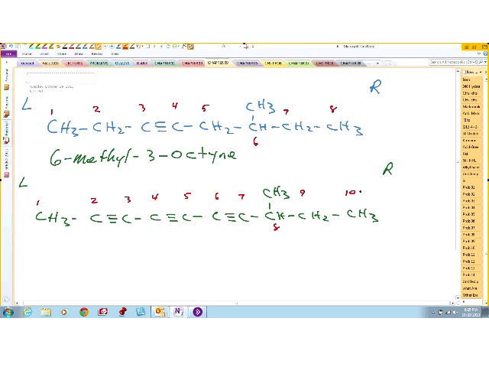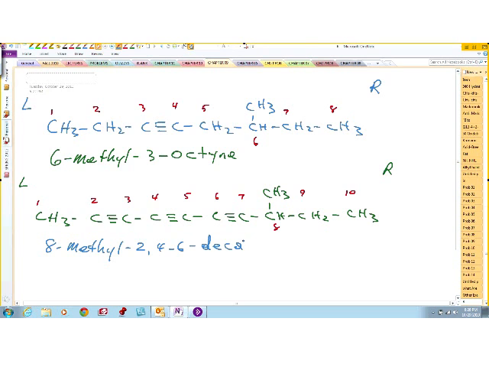Okay, very good. So therefore, what will be the name for this? 8-methyl, okay. 8-methyl-2,4,6-deca, right?